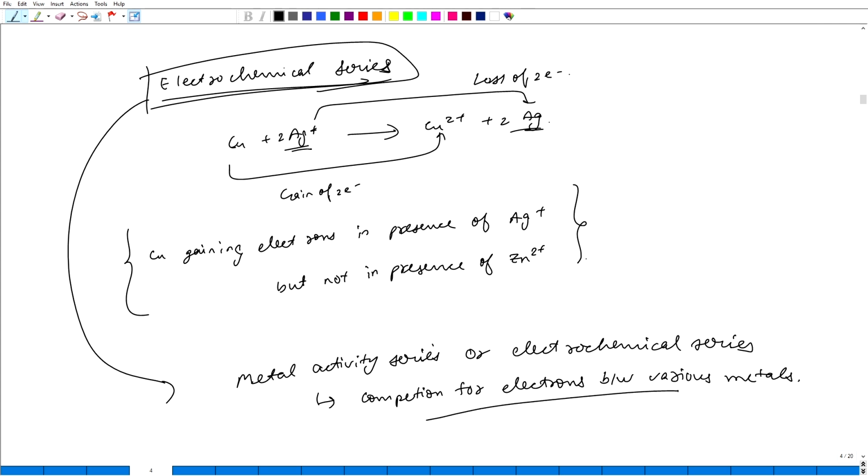This series has been designed to tell us about the competition for electrons between the various metals, that is, which element will gain electrons and which element will not. What this electrochemical series is, and how these elements are arranged, we will see next. Till then, thank you.